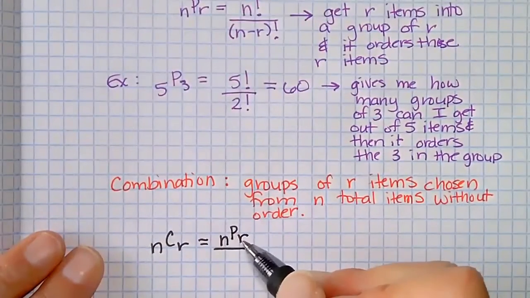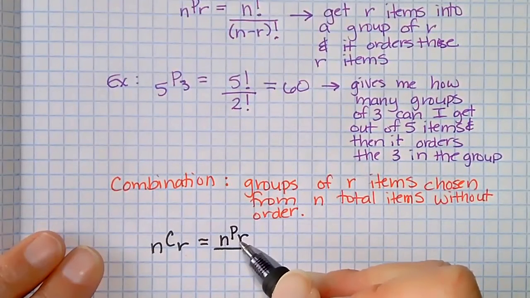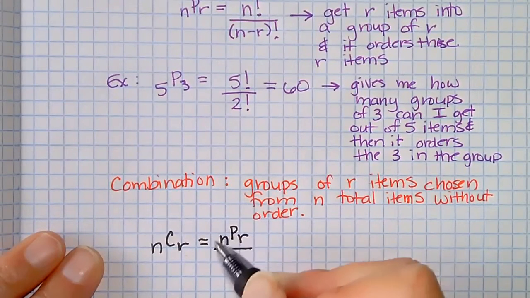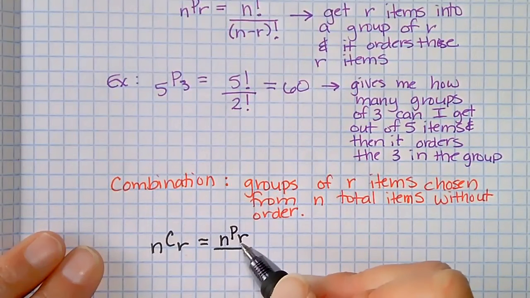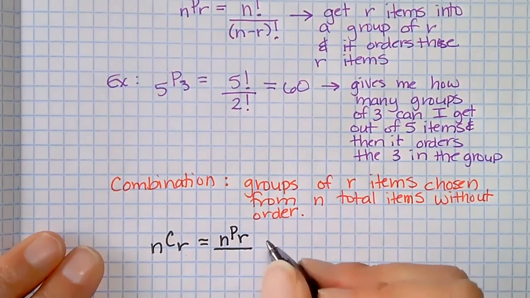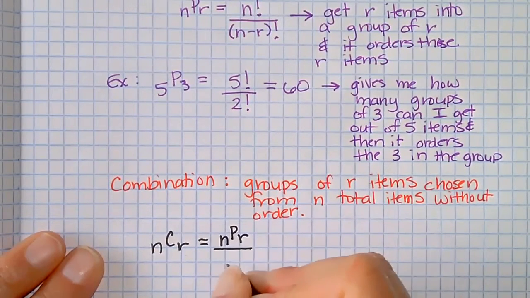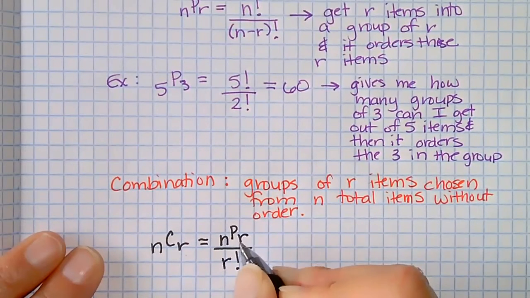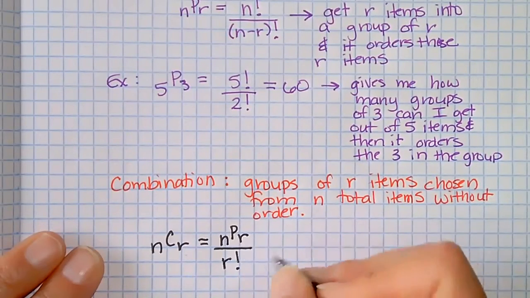Again, this groups these into groups of r and orders those r items. I want them in the group of r. I do not want the order of r items. So how do I get rid of the order of r items? r factorial is the order of those r items. So a combination is equal to the permutation divided by this number, r factorial.